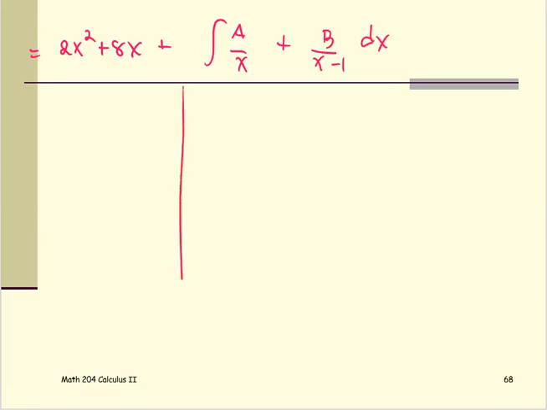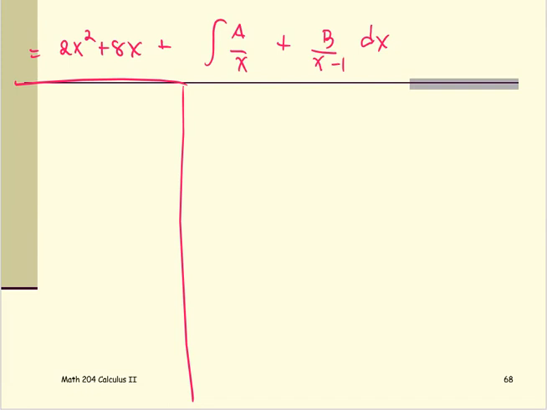Okay, so far we have 2x squared plus 8x plus the integral of a over x plus b over x minus 1 with respect to x. And then I'm going to put the side note on this side and use a different color here.